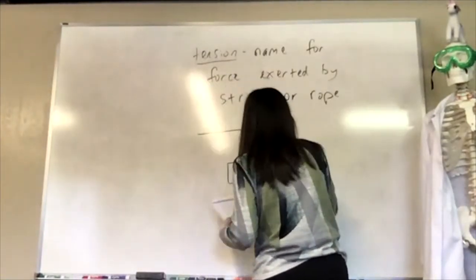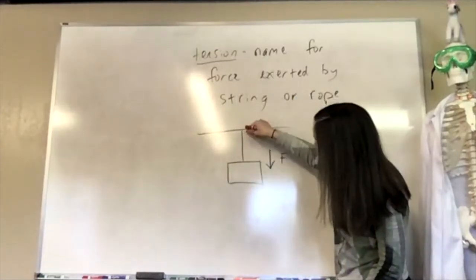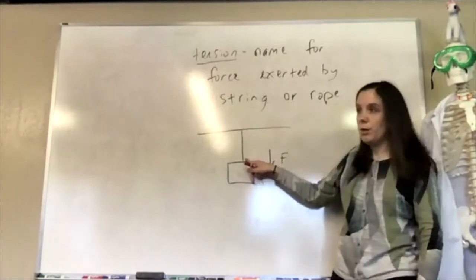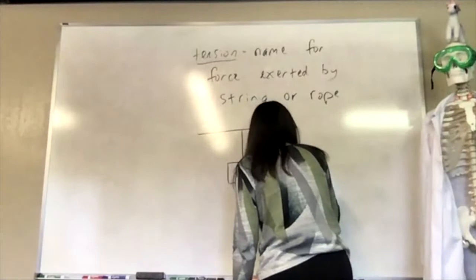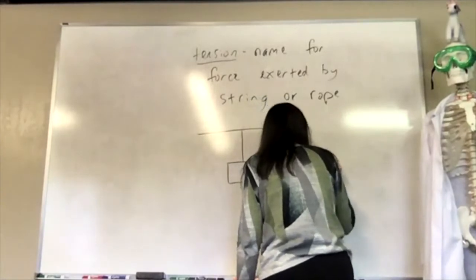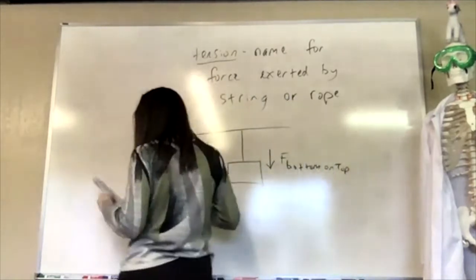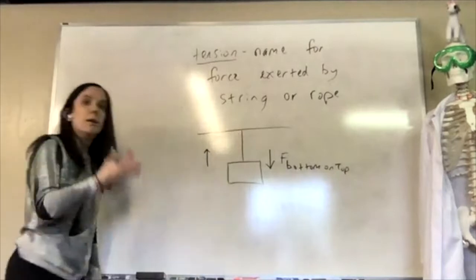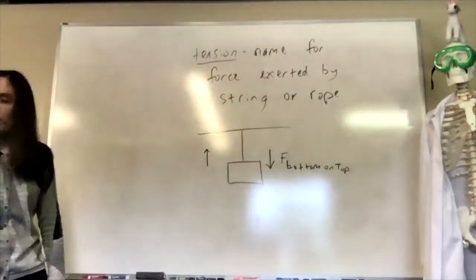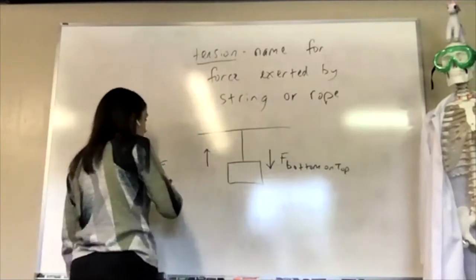So it's a force that the bottom part of the string is pulling on the top part of the string. And then vice versa. The top part of the string is pulling upward on the bottom part of the string.